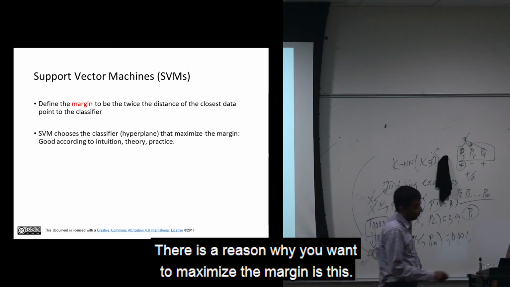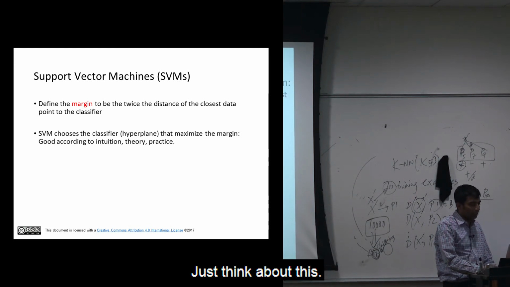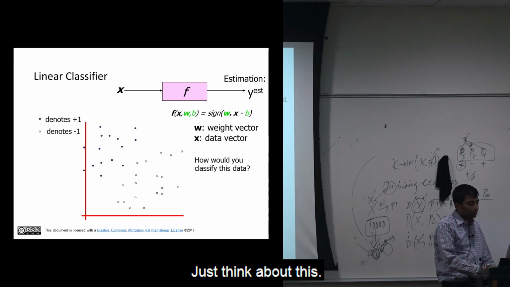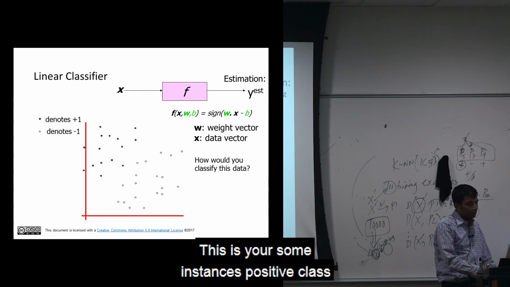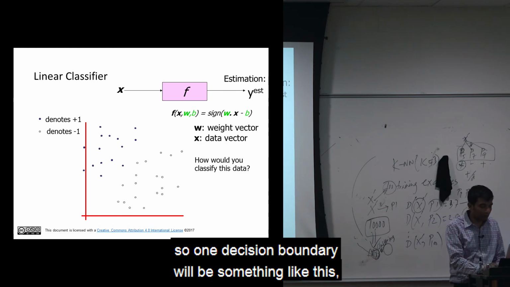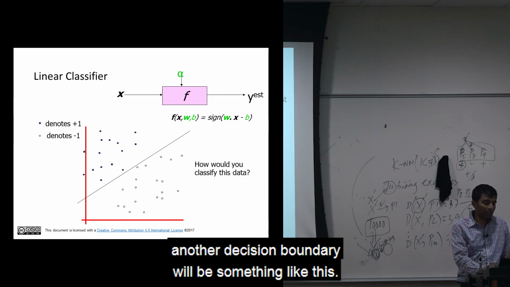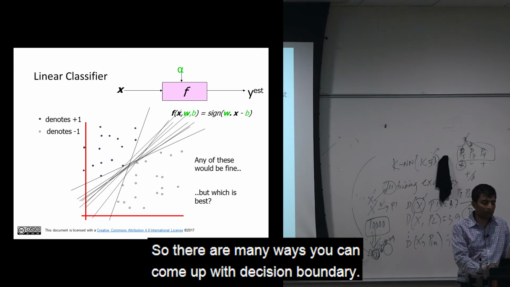There is a reason why you want to maximize the margin. Just think about this: we have some instances of positive class and negative class. One decision boundary will be something like this, another decision boundary will be something like this. So there are many ways you can come up with a decision boundary, right?